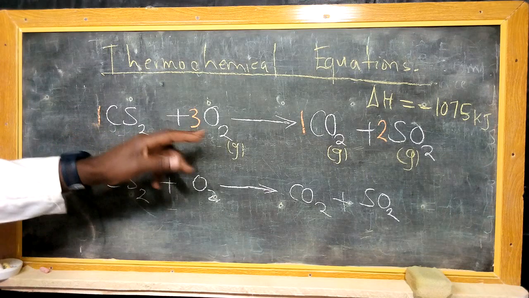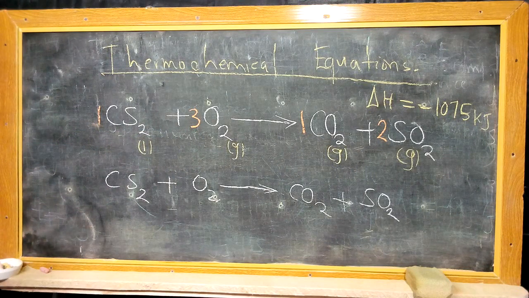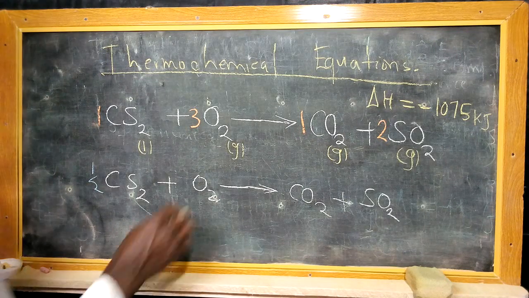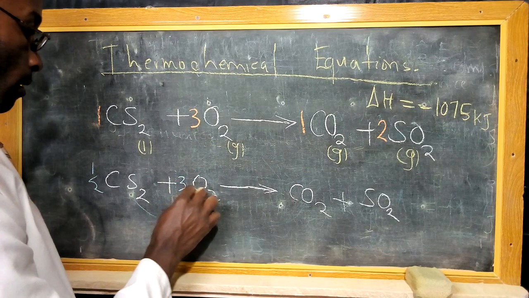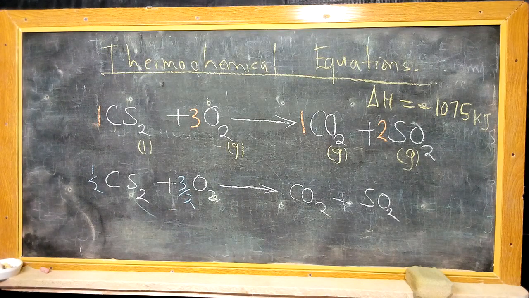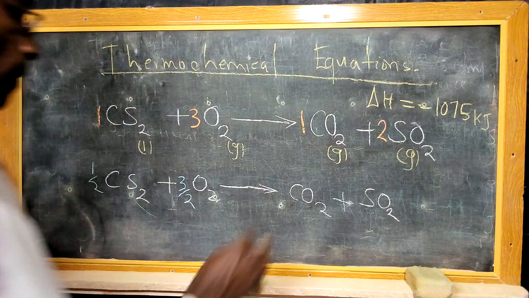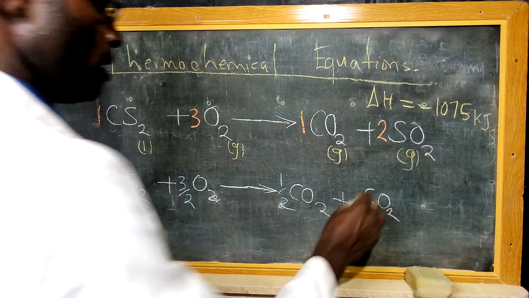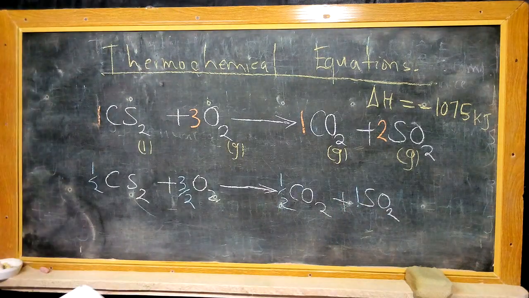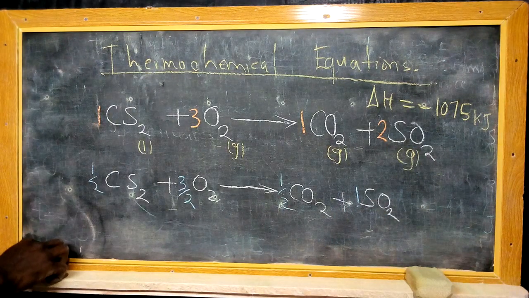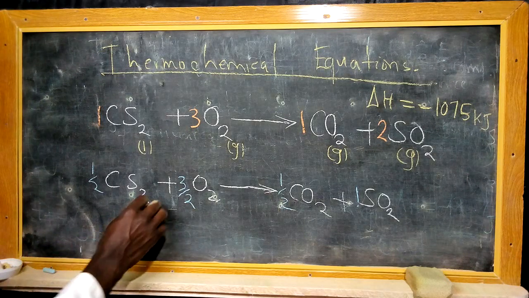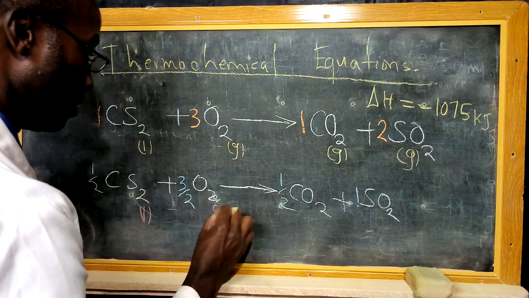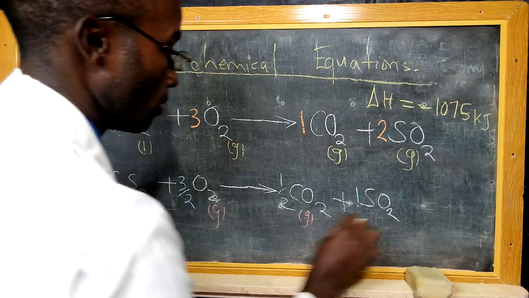These reacting mole ratios are the same as volume ratios, so suppose we have a volume of the disulfide, then 1.5 is equivalent to half of that. The product formed will be half, and 1 volume of sulfur. We still have the same phases, because these are gases and we form two gases.